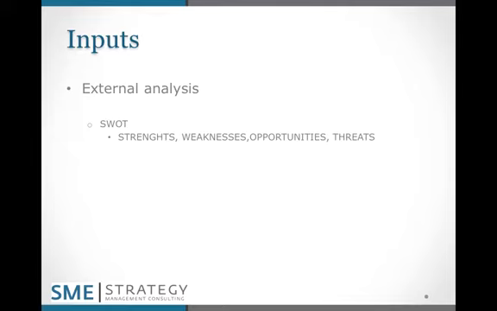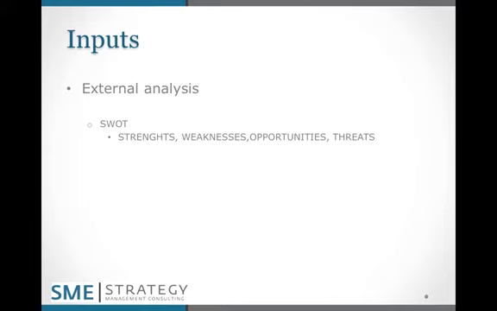But now we're going to look at the different inputs that go together for your organization, both internally and externally. So first we want to start with an external analysis. That's looking at the world outside of your organization to figure out what's happening out there, and then we can make our plans internally in function of that. So the first tool that we use is a SWOT analysis.